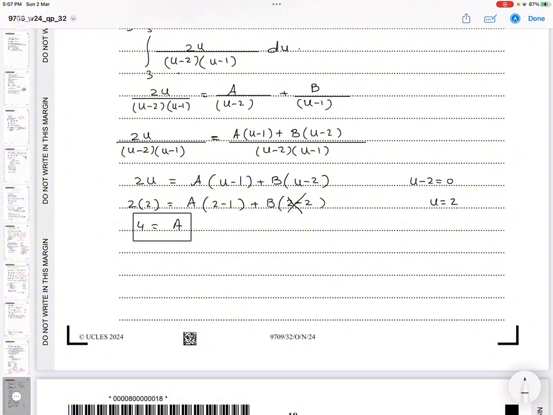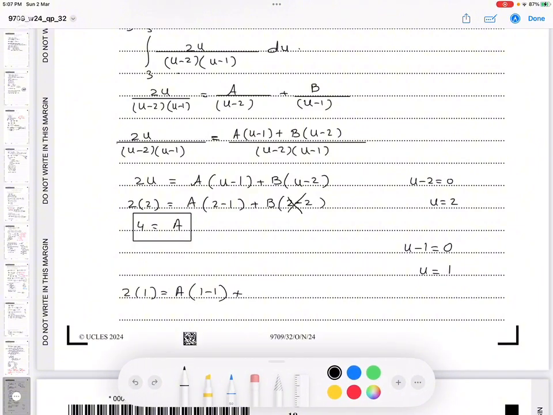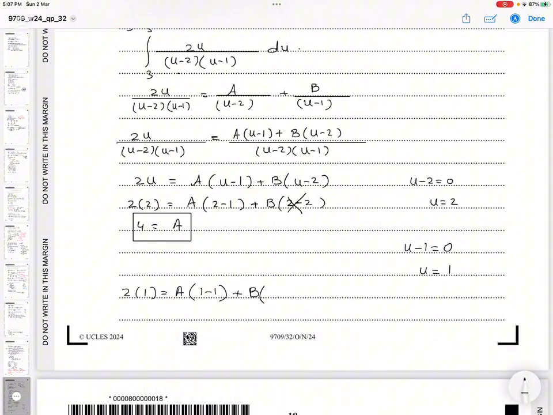And now take u minus 1 is equal to 0. So from here u equals 1. Now 2 into 1 equals a(1 minus 1) plus b(1 minus 2).